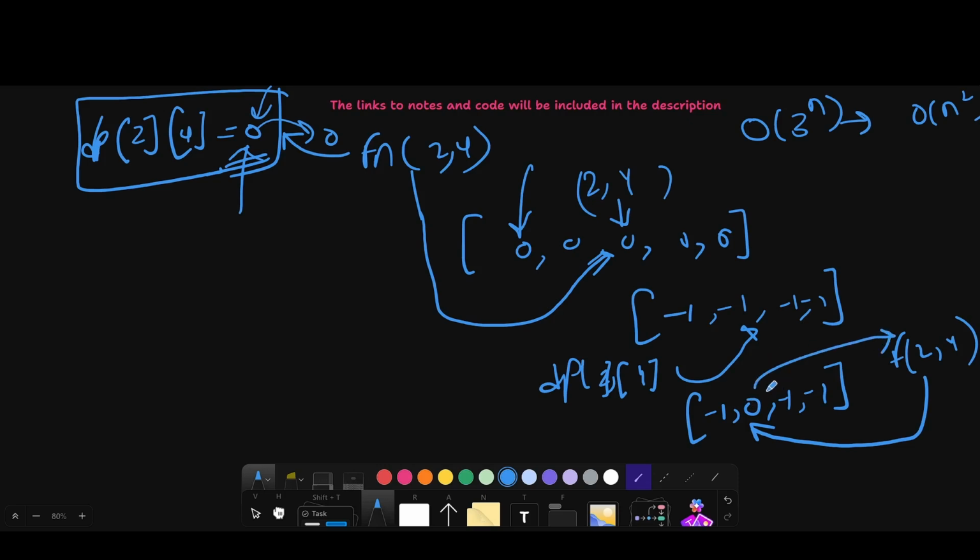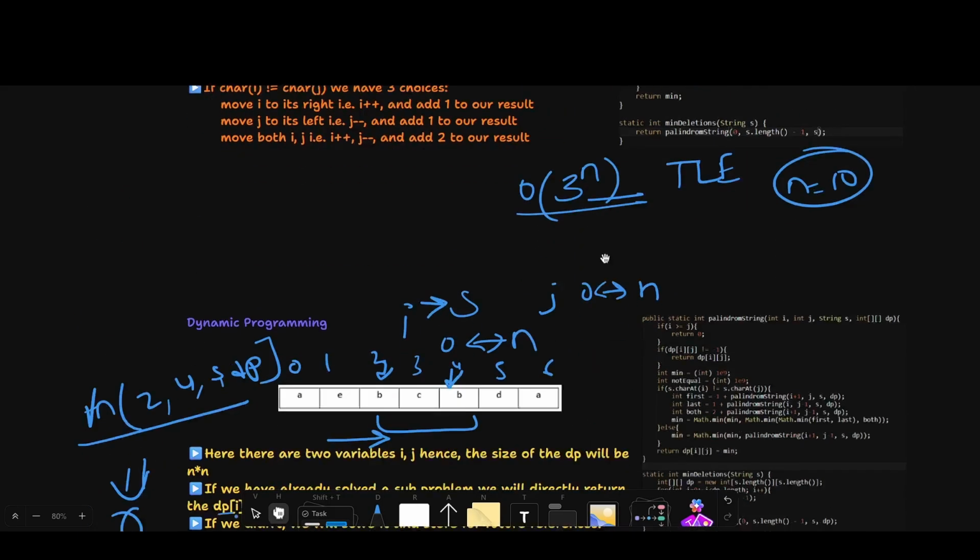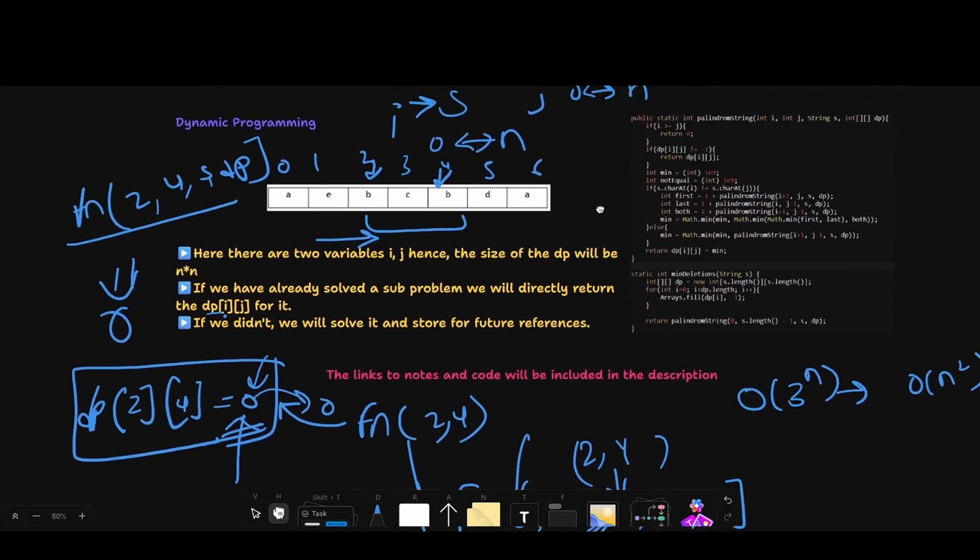So we'll directly return whatever value is here. It's 0 here, so it will return 0. So this is the condition where we check whether we have already computed it. If yes, we'll return. Otherwise, we have to compute it, and before returning, we will store that particular result in dp of i j. So this is the complete recursion as well as the dynamic programming code.